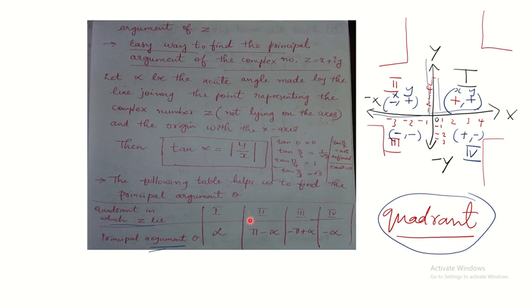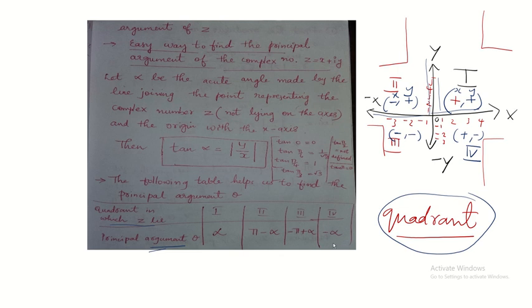Without knowing this table, you cannot solve questions regarding polar representation. So first quadrant alpha, second quadrant pi minus alpha, third quadrant minus pi plus alpha, and the last, fourth quadrant, minus alpha.